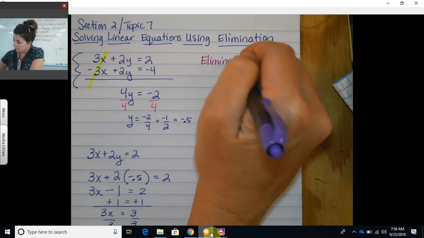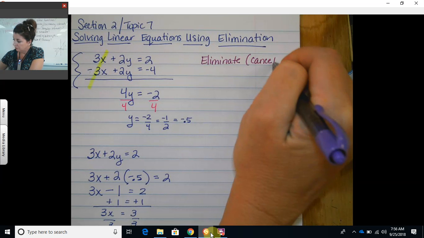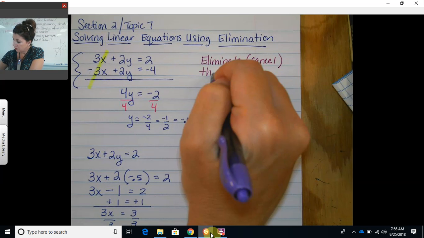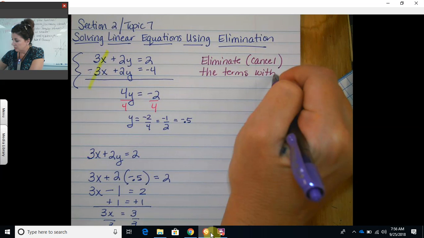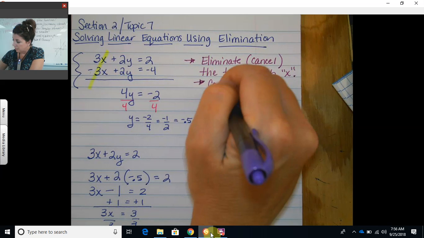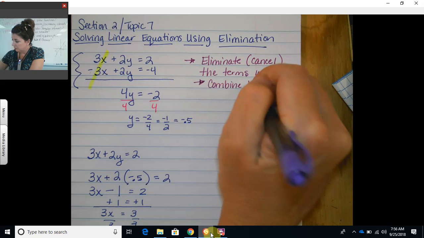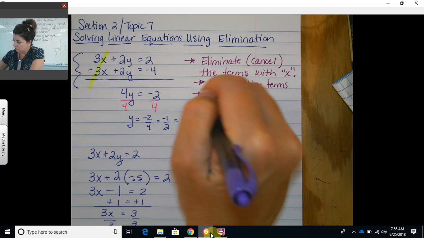In parentheses, I'll put cancel the terms with x, combine like terms and solve for y.